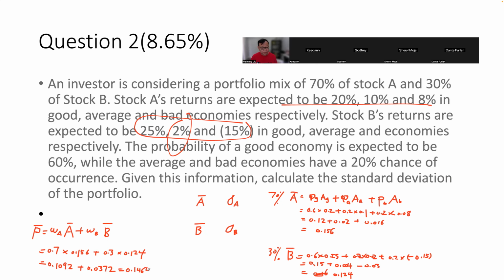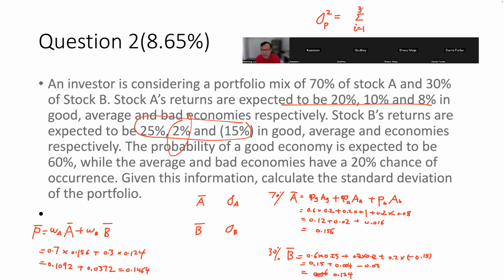Good job, Godfrey. So we know the average of the portfolio, right? How do we calculate the standard deviation of the portfolio? That's easy. Think about the standard deviation formula I just introduced. Consider the portfolio as one thing, so there are terms from i equals 1 to 3, different states.